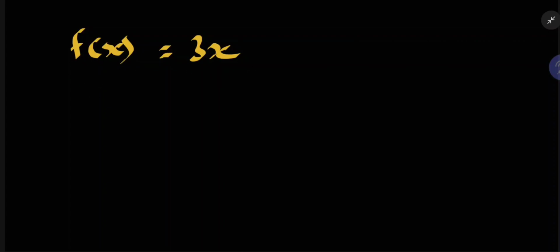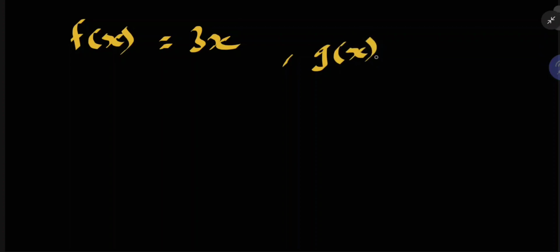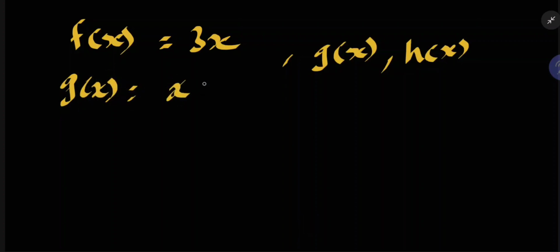It's pronounced f of x. It could be g of x, it could be h of x. All these are used to show that whatever we are talking about is a function, or whatever we equate this to, to be more precise, is a function. So if we say g of x equals x plus 2 all over x squared, this expression equated to g of x is a function.